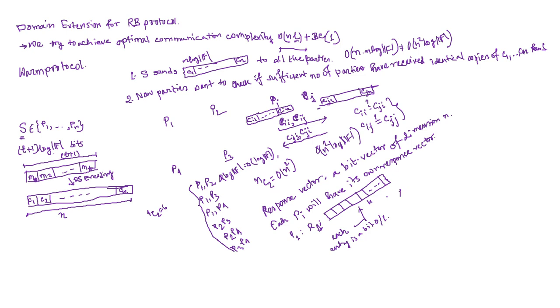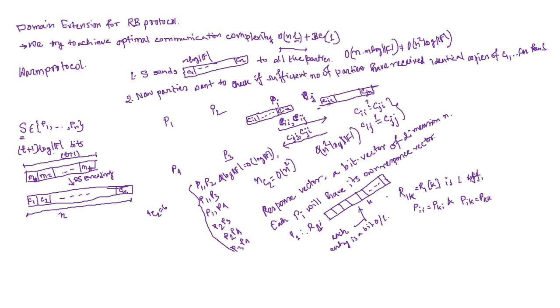So r1k, that means the kth index of r1 is 1 if and only if Pii is equal to Pki and Pik is equal to Pkk. That means Pi and Pk are consistent with each other in terms of their ith and kth position value.